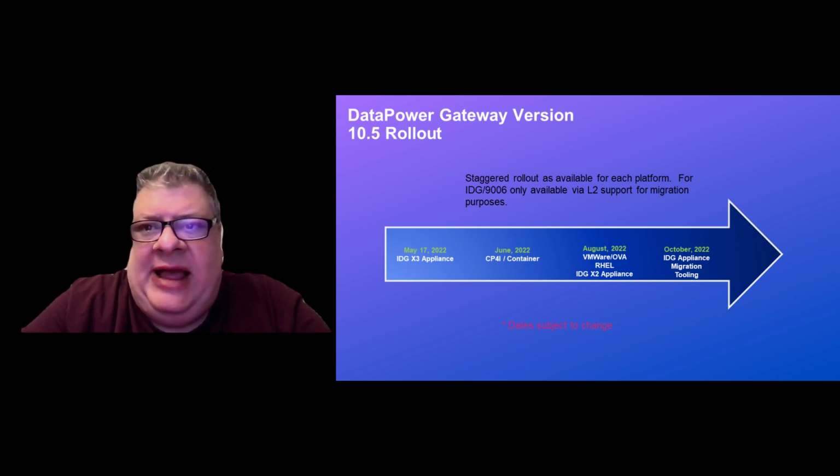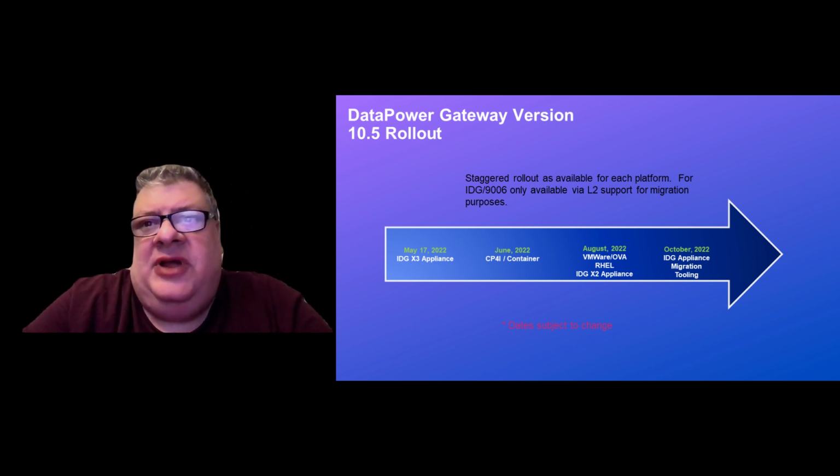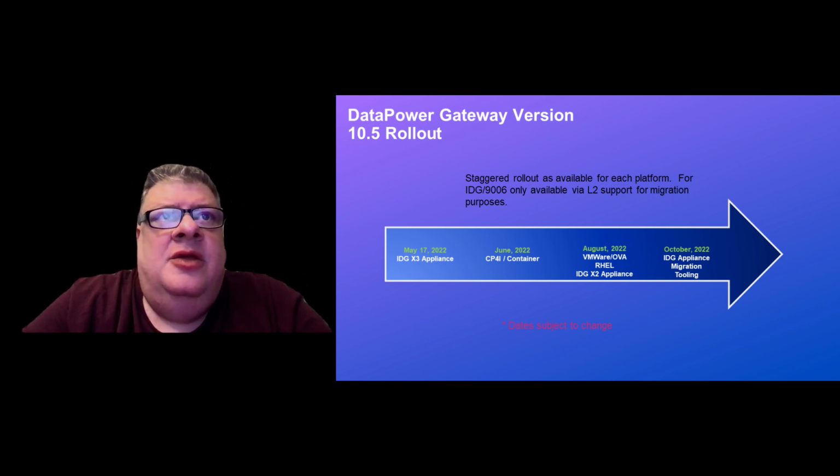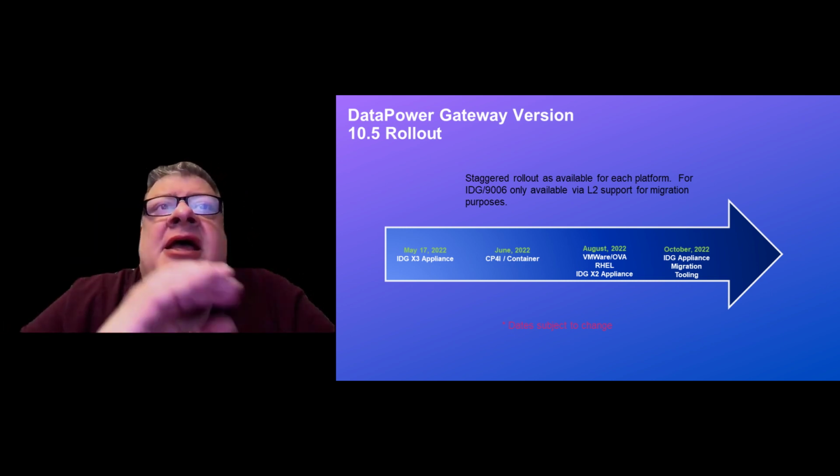In June, we will add container-based support for the 10.5 firmware. In August-ish, we will have our VMware OVA solution, the X2 appliances, RHEL will all be then rolled into 10.5. In October, we're looking at having it for the IDG.